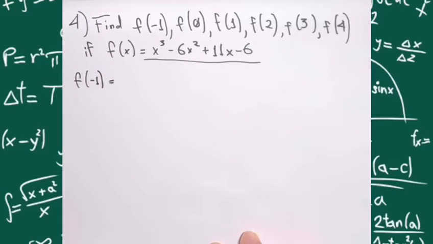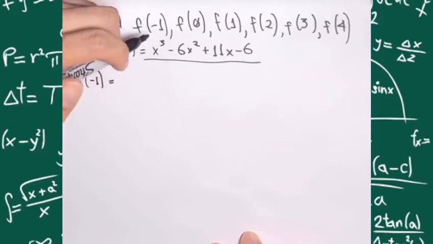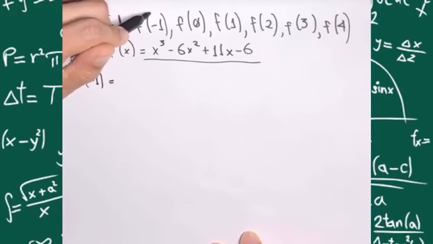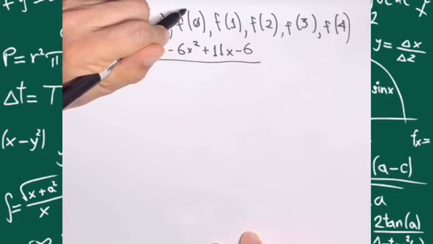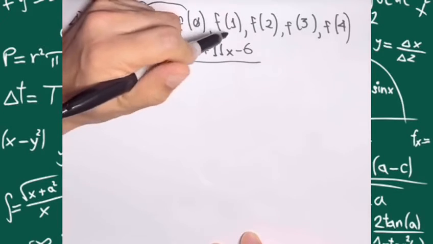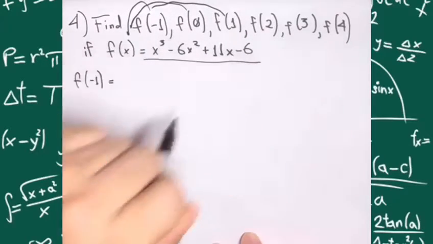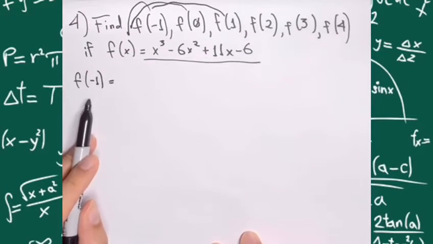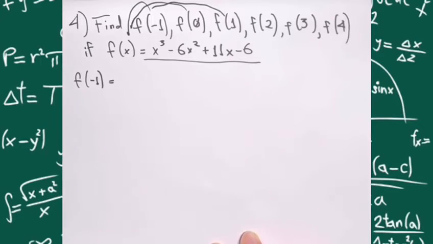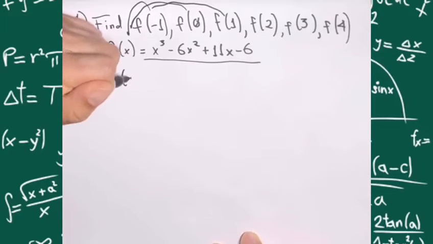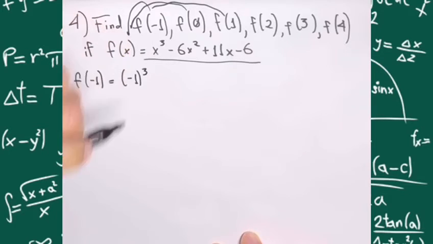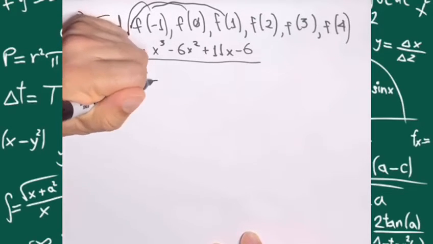So the procedure is quite simple, and the resolution is going to be just plug the value of x, -1 in this case, into the x variable of the function. Same thing for 0, same thing for 1, for 2, 3, 4, all the values that they could possibly throw at us. And from there, it's just going to be simple mathematics. So all you have to do is write down, instead of x, the value that you have.